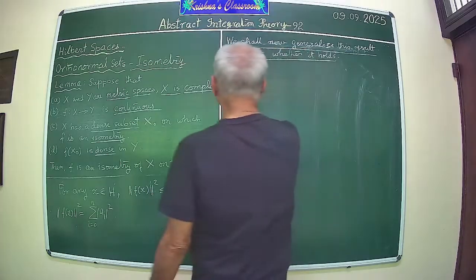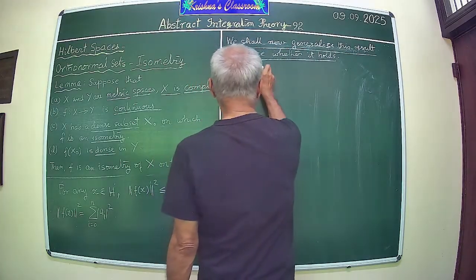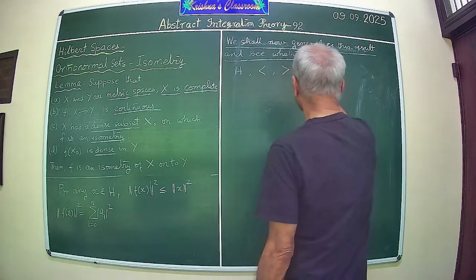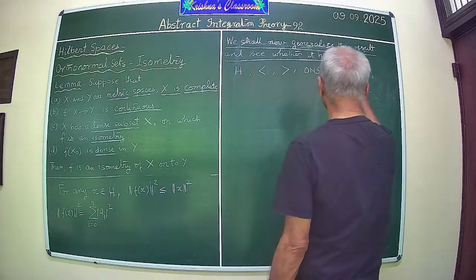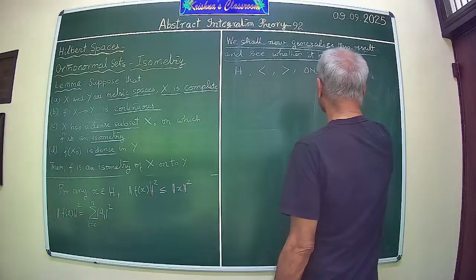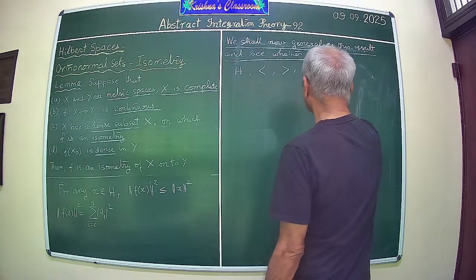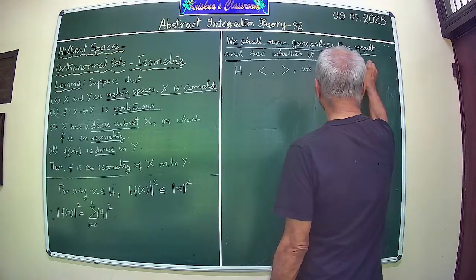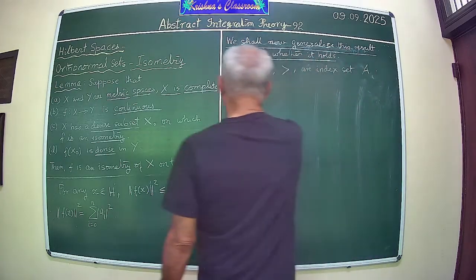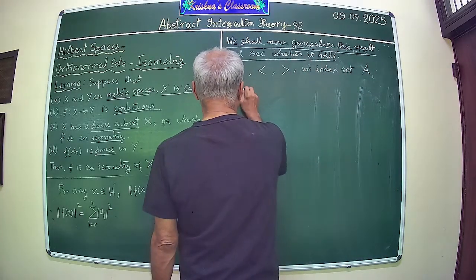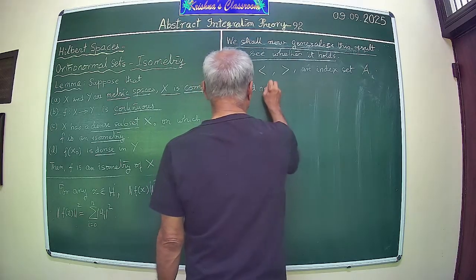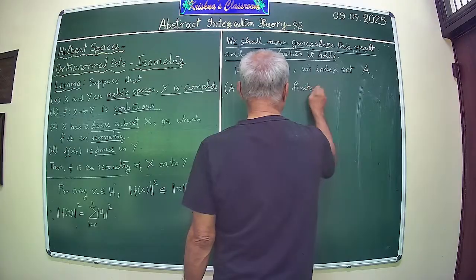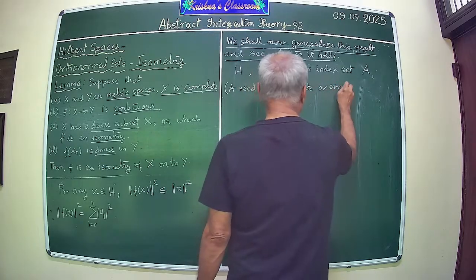So what do we have? H, an inner product space, and an orthonormal set, or what you call an index set A, which may not be countable.